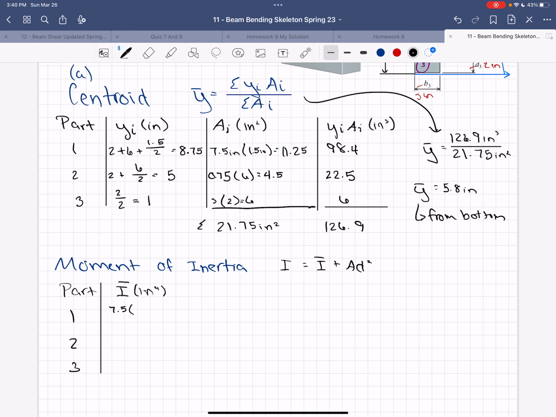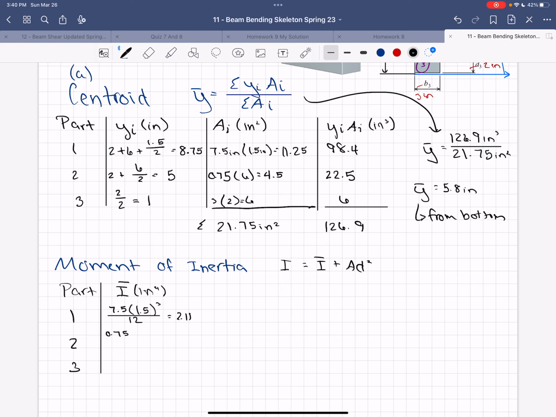H is 1.5 inches, and that value we cube all over 12, and we get 2.11 inches to the 4th.